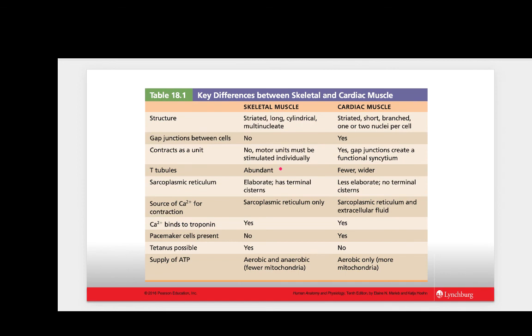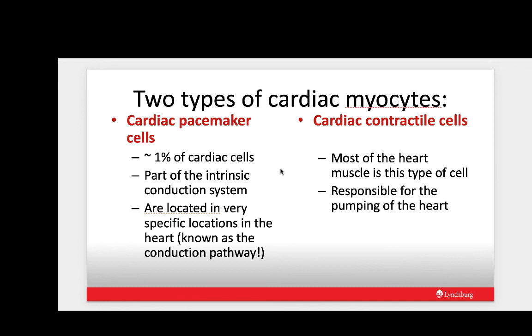Okay, so here are some differences between skeletal and cardiac muscle. There are two types of cardiac myocytes. We talked a little bit about the cardiac pacemaker cells. These are the ones that set the pace for heart contraction, and that's why we call them pacemaker cells.